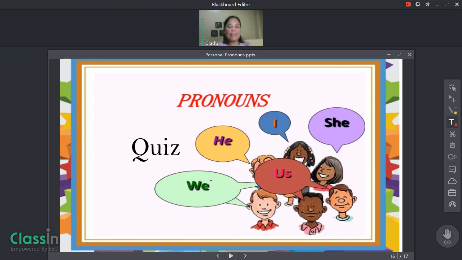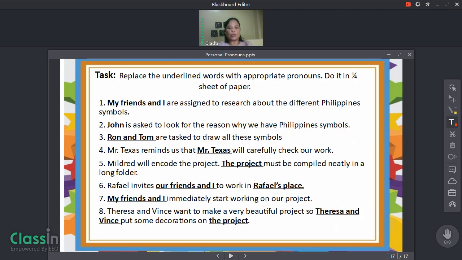So let's have now a short quiz. If you don't have any questions or clarification for what we had discussed, let's now proceed to your quiz. I'm giving you ample time to answer it. What you are going to do is replace the underlined words with appropriate pronouns. Do it in a 1/4 sheet of paper.